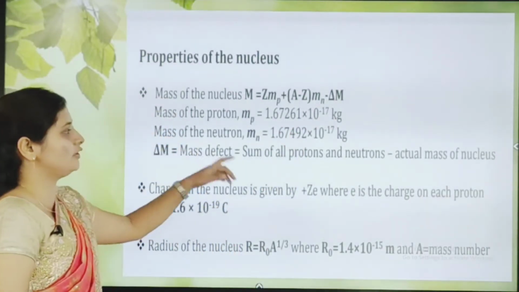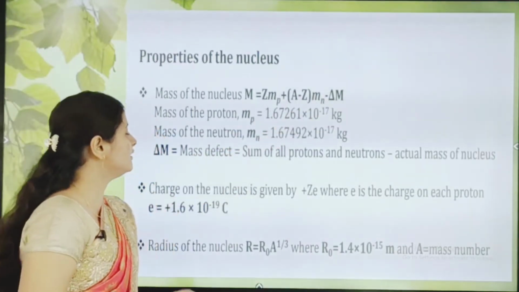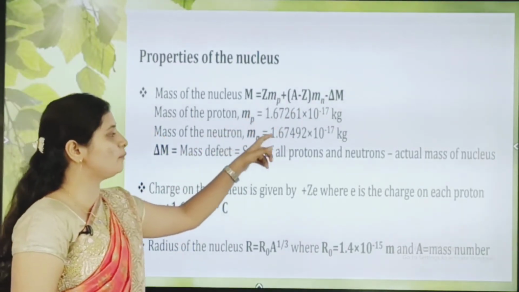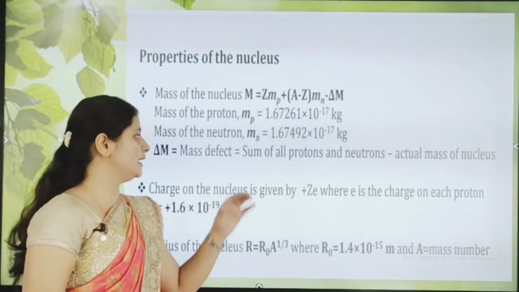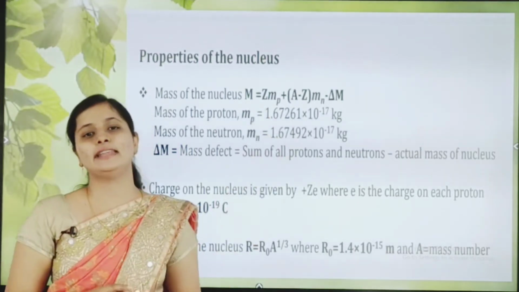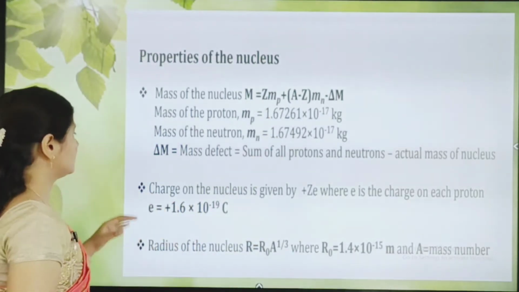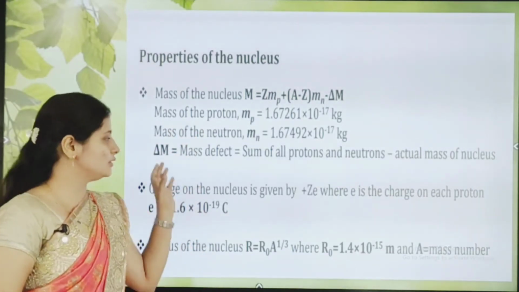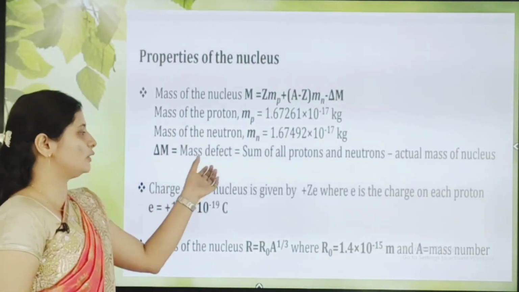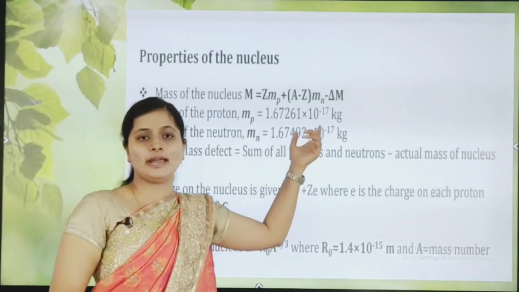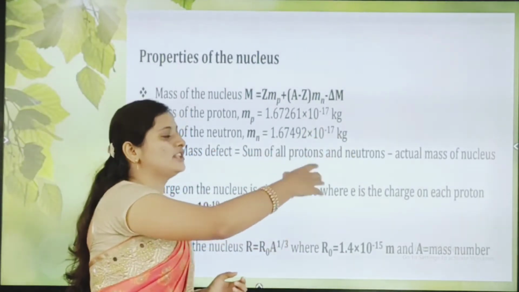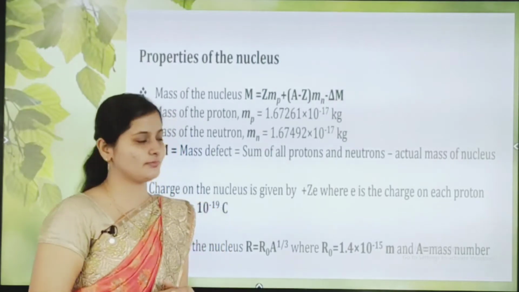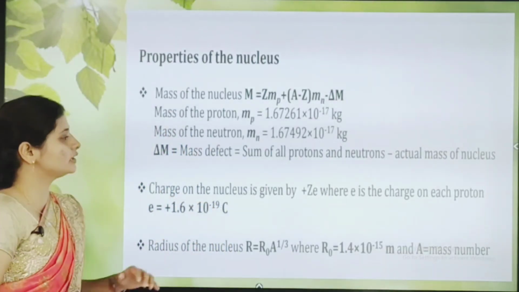Next, the mass of the neutron, Mn, is 1.67492 into 10 raised to minus 27 kg. Delta M is the mass defect. The mass defect is the sum of the masses of all protons and neutrons minus the actual mass of the nucleus. So we'll come to the next point.